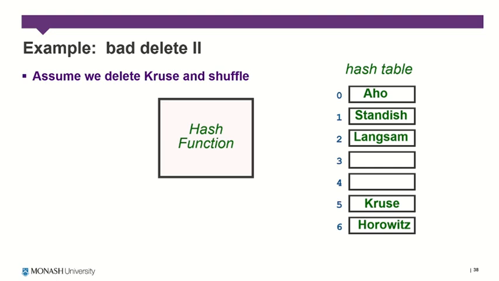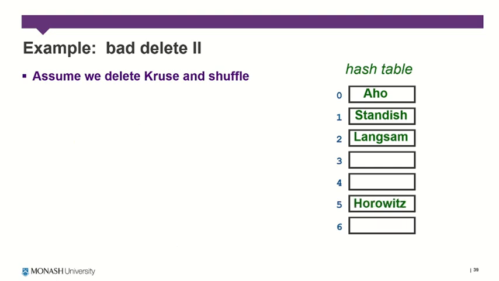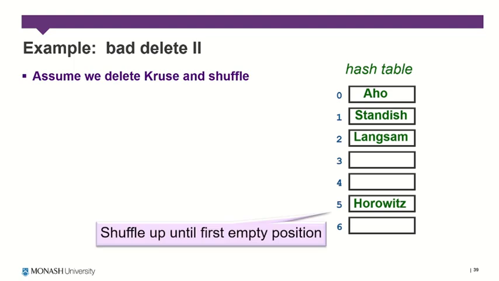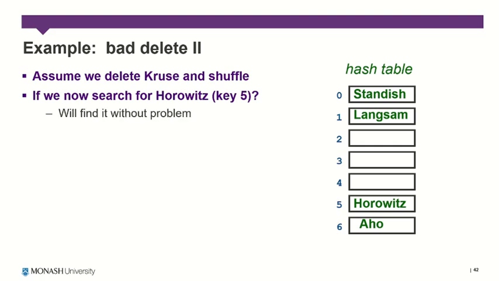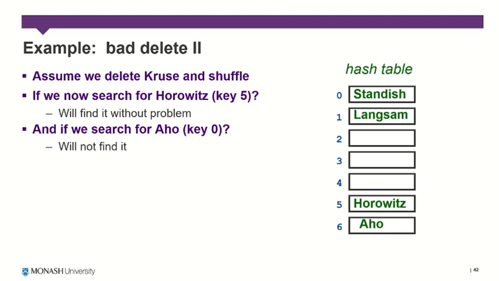So let's look at an example again. We again remove this key, and we shuffle the items 1 position back. And now if we search for Horowitz at key 5, we'll find it without problem. However, if we look for the next item, which was originally mapped to position 0, we'll see that we can't find it.